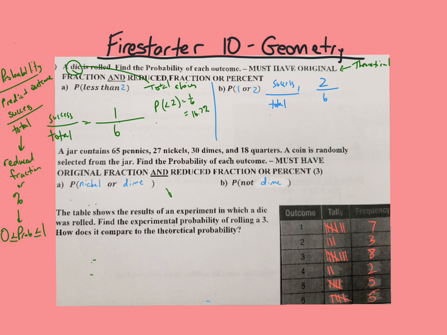So my probability of 1 or 2 is going to be 2/6, which is 1/3. Remember, you have to reduce the fraction, or it's going to be 33.33%. All right, that's it.